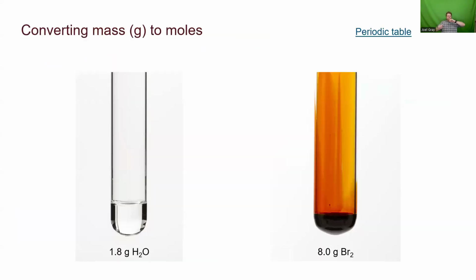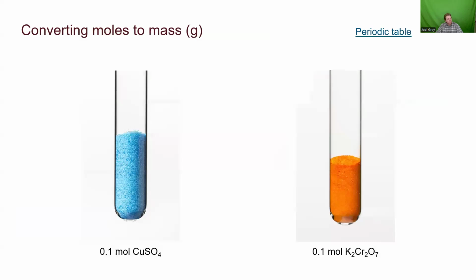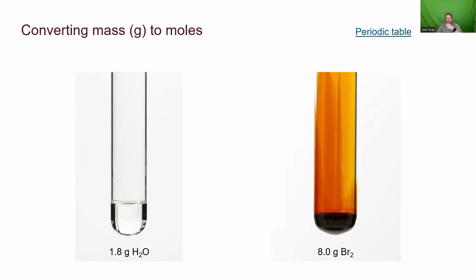Now, when we look at quantities like this, 1.8 grams of H2O, 8 grams of Br2, 0.1 moles of CuSO4, and 0.1 moles of K2Cr2O7, how do we process this information?